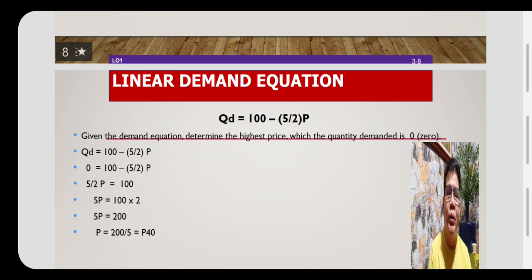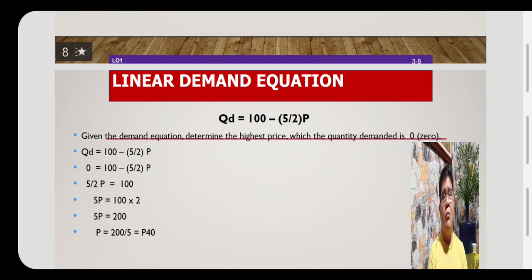Now, what if it is the price that we want to know and the quantity is given? Let us consider this example. Given the demand equation, determine the highest price when the quantity demanded is 0. The given demand equation is Q equals 100 minus 5 over 2P, and what is being asked is the price when the quantity demanded is 0.